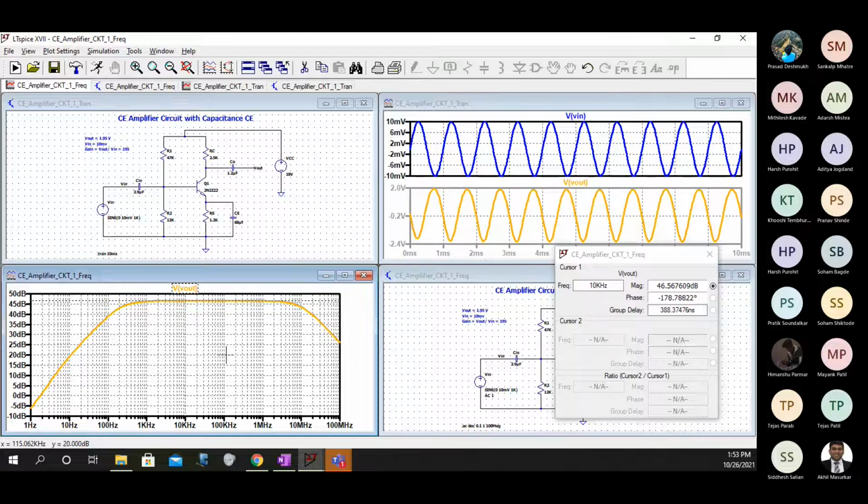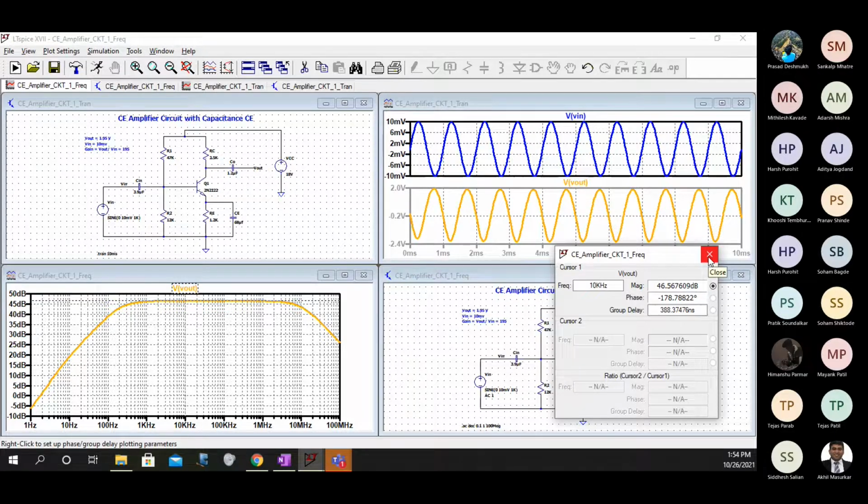Will both frequencies get amplified with the same gain or not? Generally those frequencies lie around 1 kilohertz to 10 kilohertz, and that is where the gain is constant. So both voices of different frequencies will get amplified by the same amount.